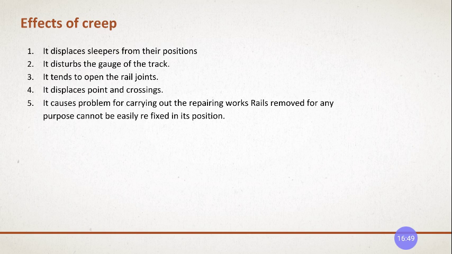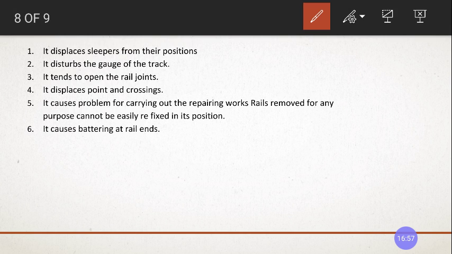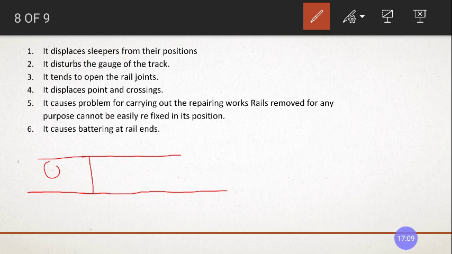It also causes battering of the rail ends, right? This will happen. Suppose this is one rail, and this is rail 2, the second rail.